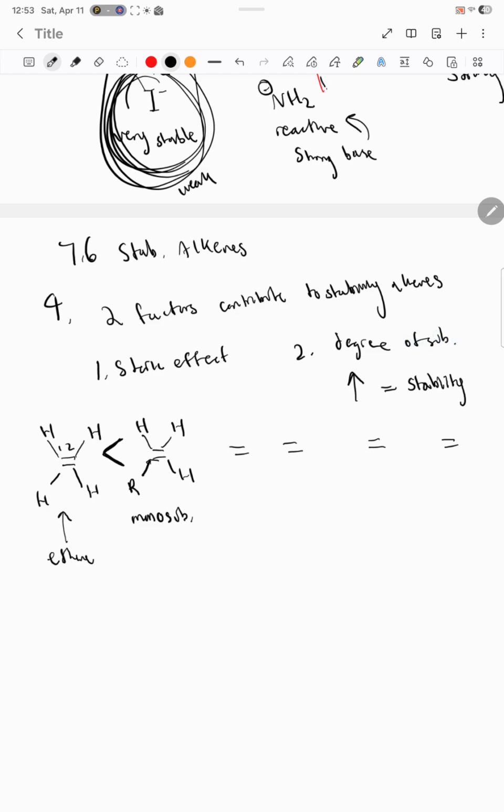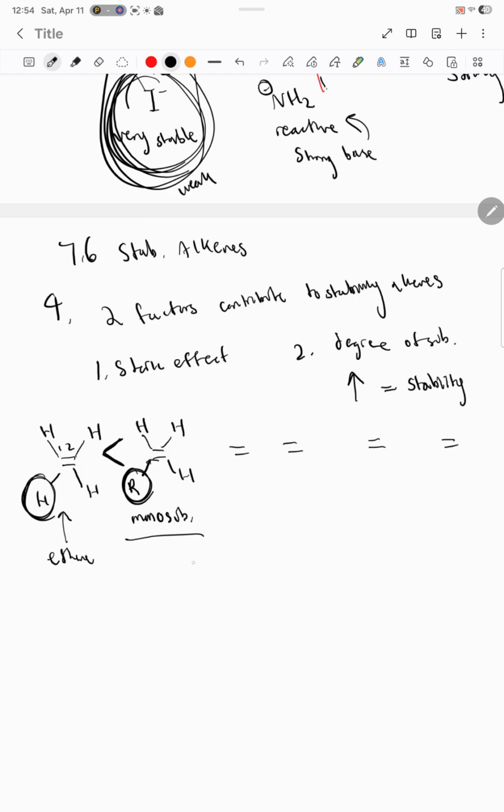So that means because we have one more substituted part of the molecule than this monosubstituted. So now you could probably guess the next trends will be the next stable.